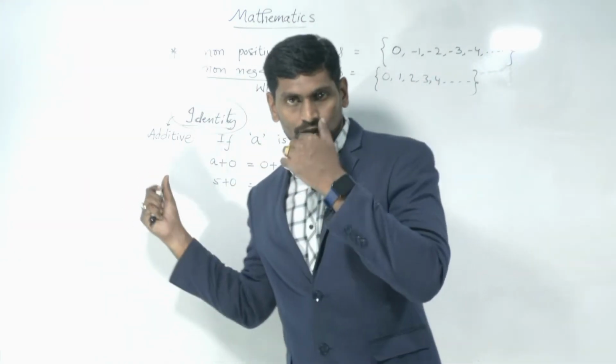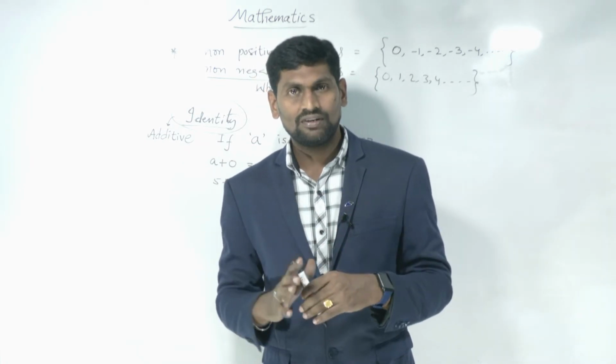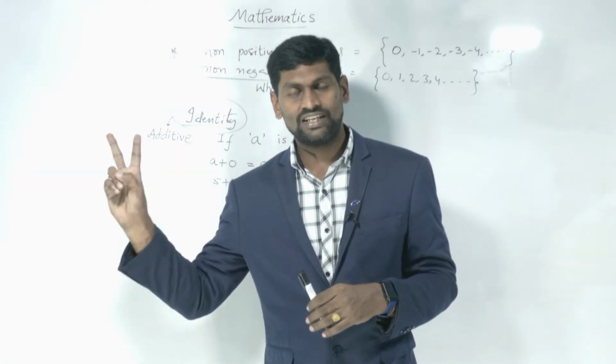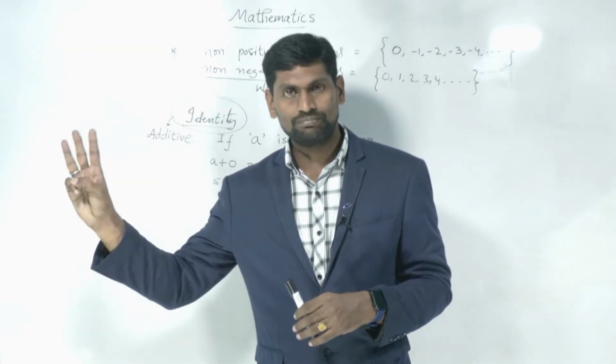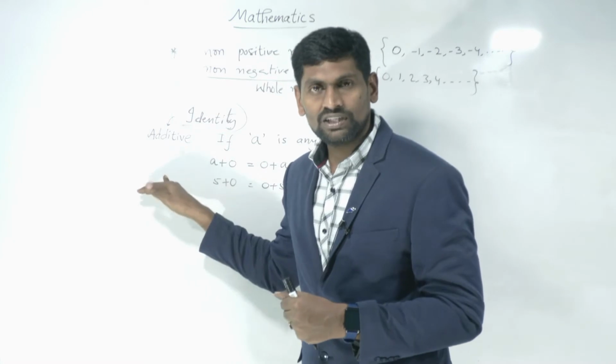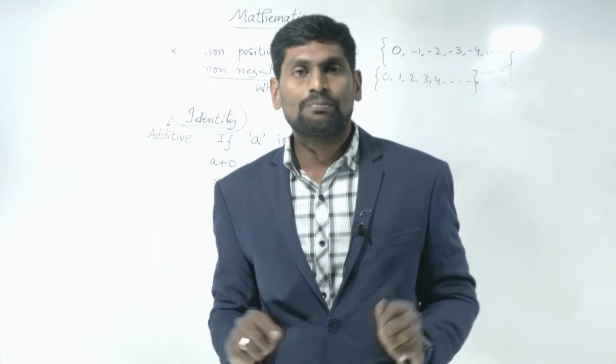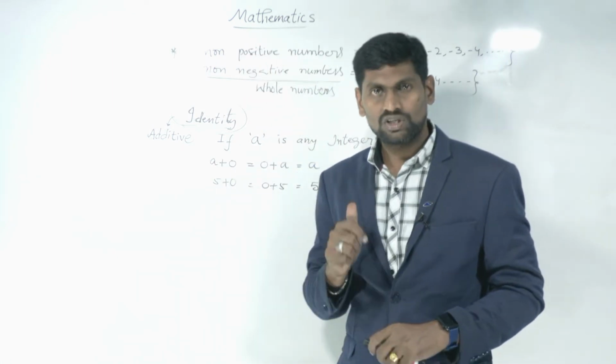Okay. How many arithmetical operations do we have? Plus, minus, into symbol and division symbol. But we are using the identity property for addition and multiplication, not for subtraction and division. Okay, na?